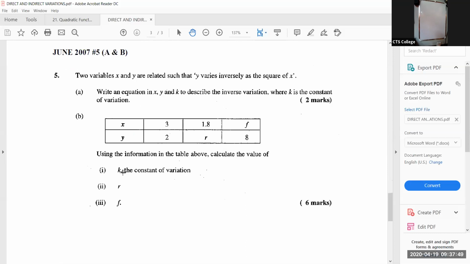So that alone tells us we have to do something, right? Write an equation in x, y, and k to describe the inverse variation where k is the constant of variation. Then we have to use the information in the table to calculate the value of k, which is the constant of variation. We have to also calculate the values of r and f. Well, that's very easy. Let's see how to do it, right?